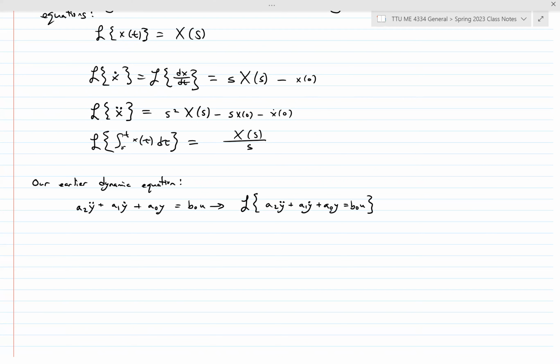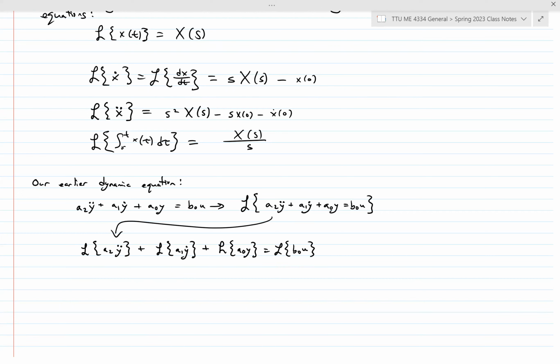We can break up this Laplace transform into separate pieces. We're trying again to solve for y as a function of time.